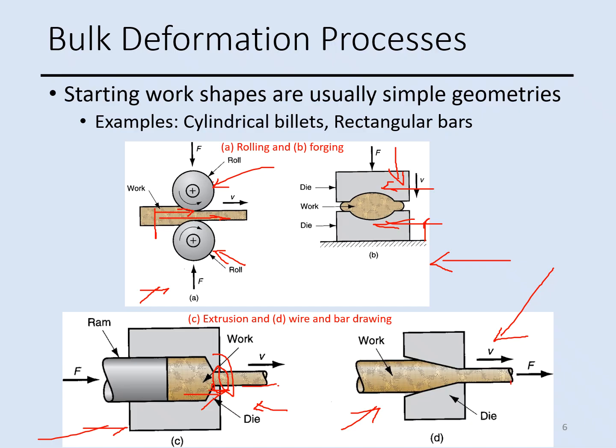The force here, at the right part, is pulling the part, but on the left one, the force is applied to push the part. So that is the main difference between these two processes.